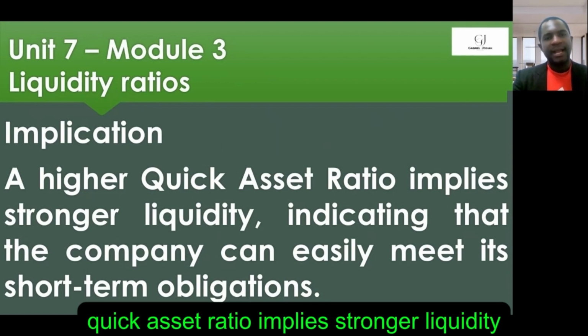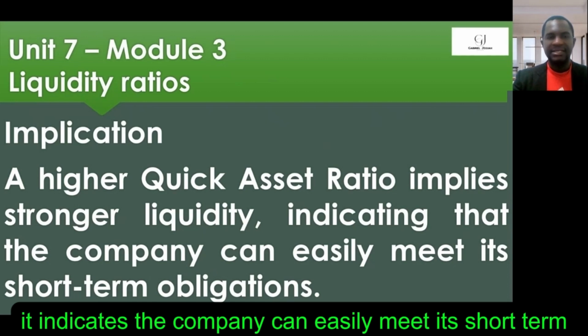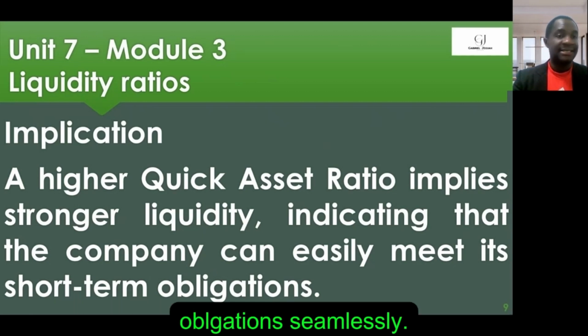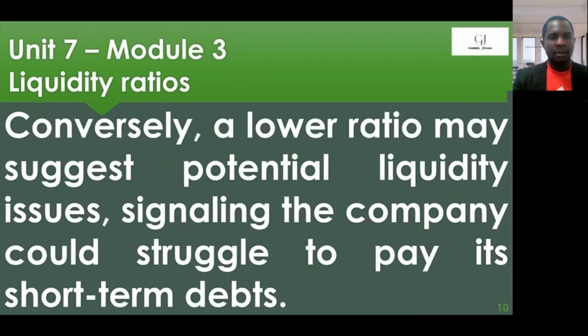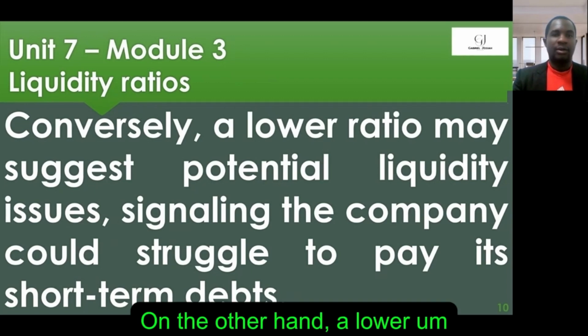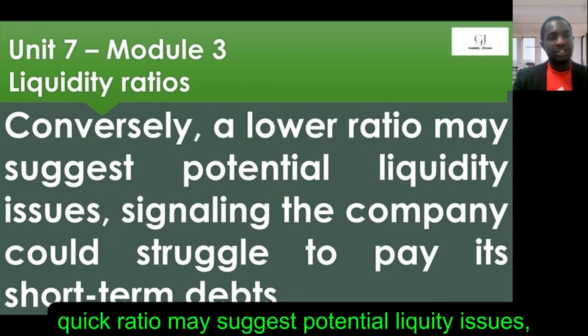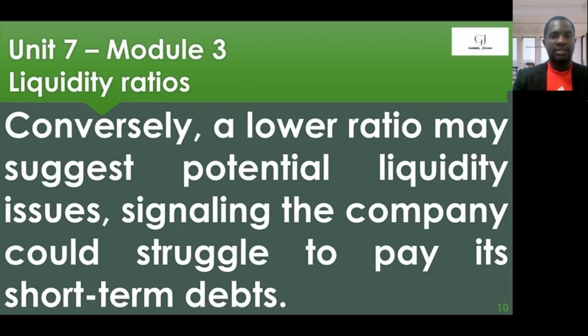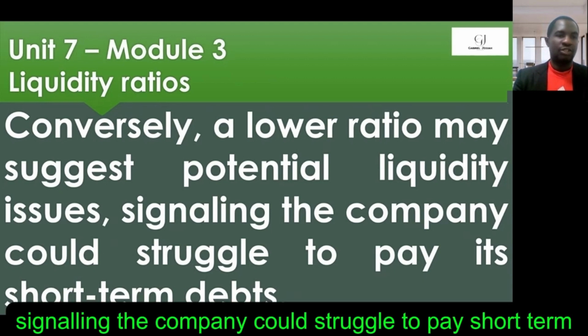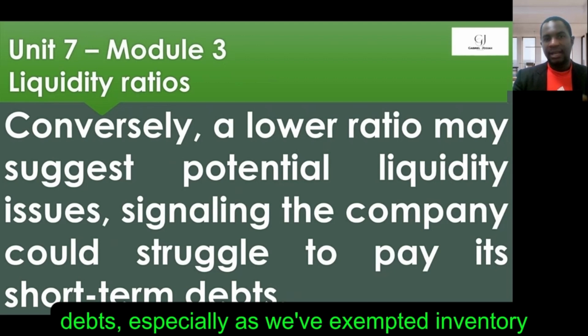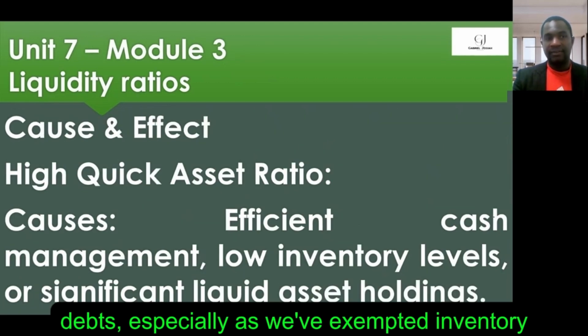A higher quick asset ratio implies stronger liquidity. It indicates the company can easily meet its short-term obligations seamlessly. On the other hand, a lower quick ratio may suggest potential liquidity issues, signaling the company could struggle to pay short-term debts, especially with inventory exempted.